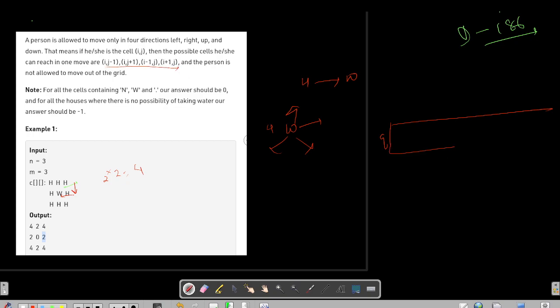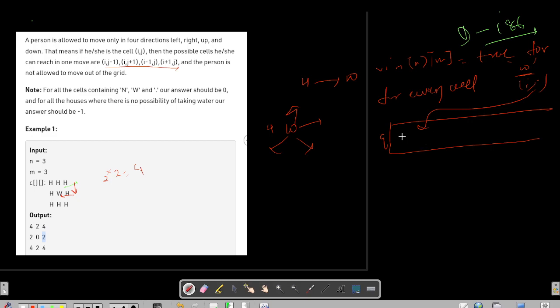So what we will do is iterate for each and every cell, and we also need a visited array of n cross m, right? And whenever we find a cell as W, then we will mark it as true in the visited array, and push these coordinates, let's say i comma j, into the queue.